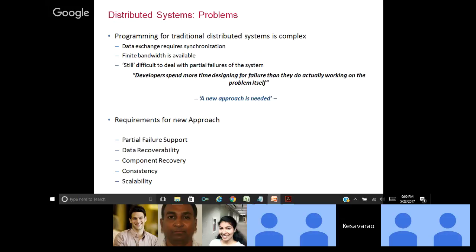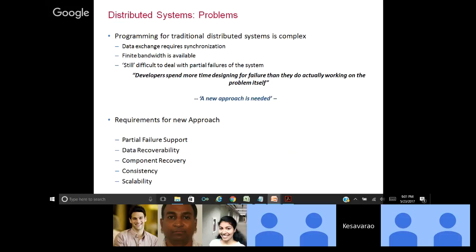It's still difficult to deal with the partial failures of the system. So basically, all the traditional systems are designed for some level of data volume, data variety and data velocity, but they're not really designed to meet the needs of big data requirements.